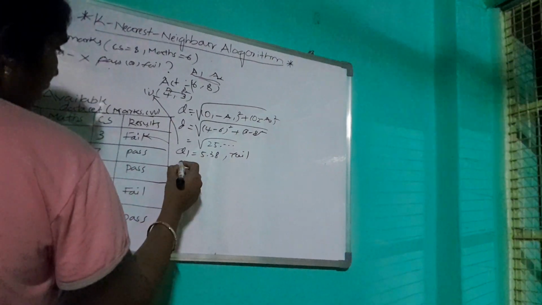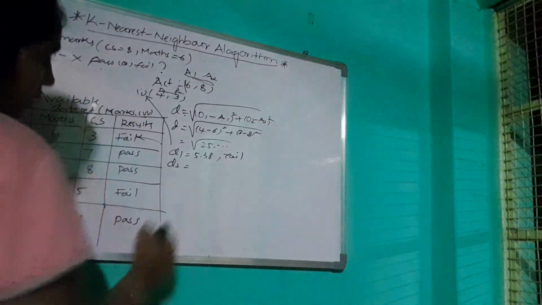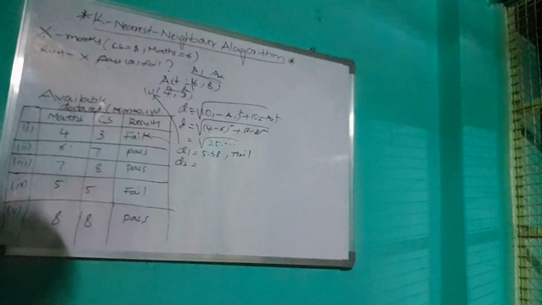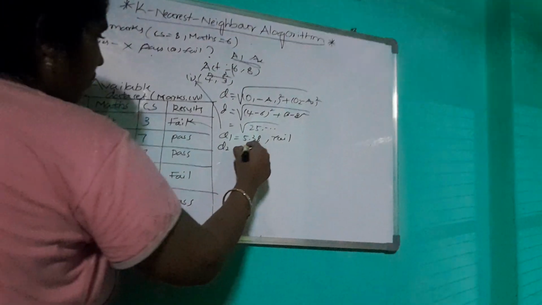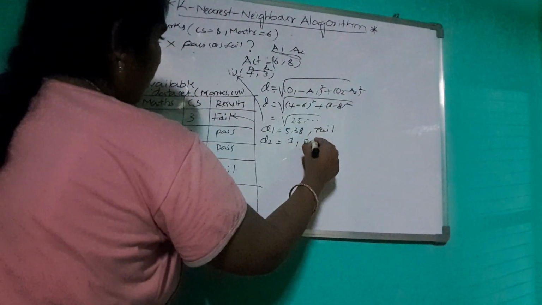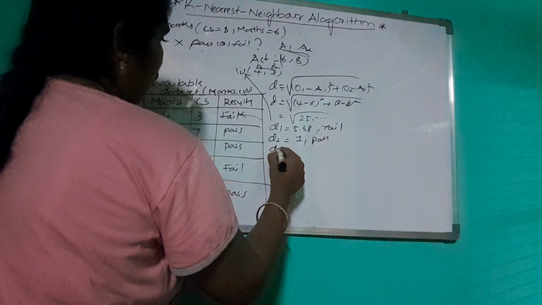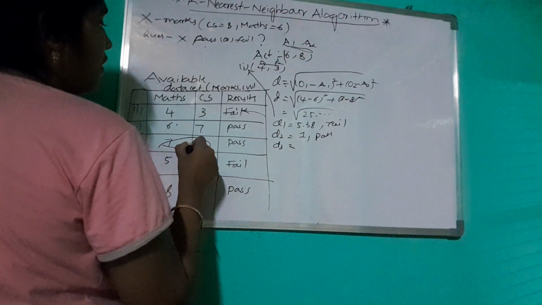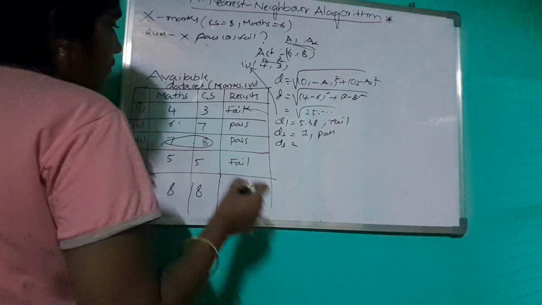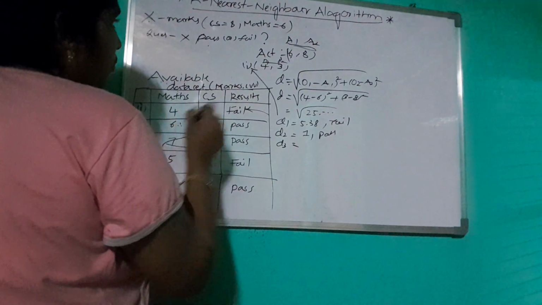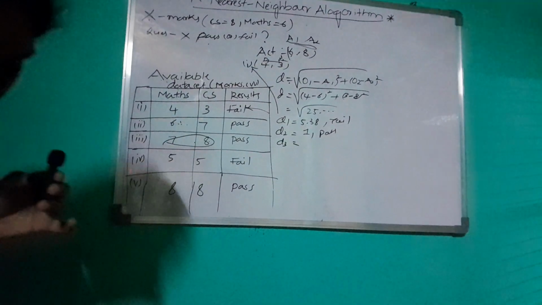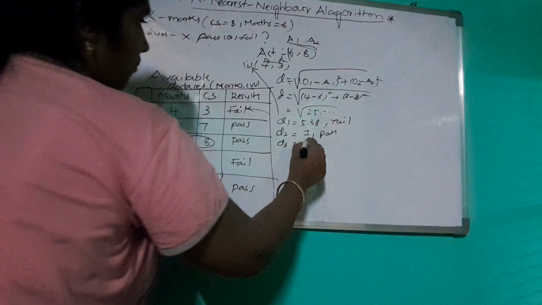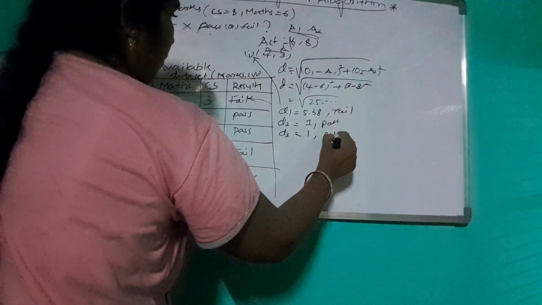In a similar way, calculate all the points. We get distance 1 and category pass. Distance 2 is the distance between these two points, and we get distance 1 and category pass. Distance 3 is 2, category pass.